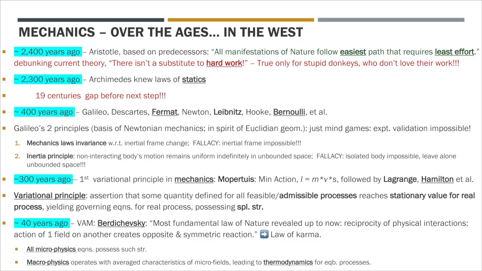I have highlighted through bold and underline the words easiest and least effort because very, very unfortunately, in spite of this ancient knowledge, not only in the East, but also in the West through Aristotle and his predecessors, we have been talking this nonsense that there isn't a substitute to hard work.